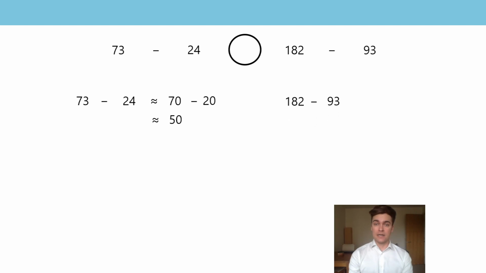On the right hand side, I've done the same and rounded to 180 or 18 tens and 9 tens. 18 tens subtract 9 tens is equal to 9 tens. Comparing those approximate differences, 5 tens is less than 9 tens.